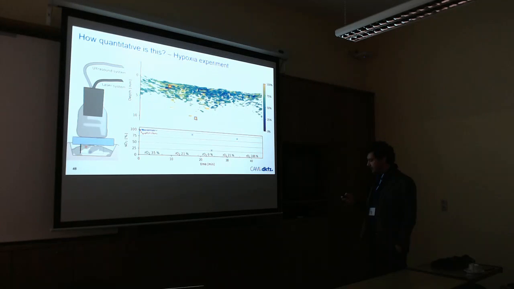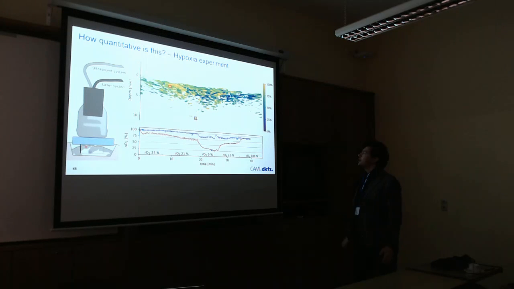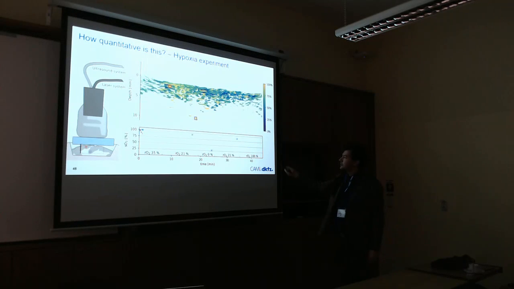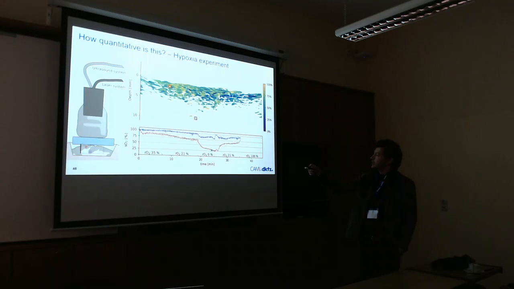And what we did here is we did a hypoxia experiment where we reduced the oxygen inflow into the brain, and you really see how it's reducing, and then going back to baseline, because we increased the oxygen again. And we also took arterial blood gas measurements to get a reference for how much SO2 actually is in the arteries, and then we segmented two arteries.